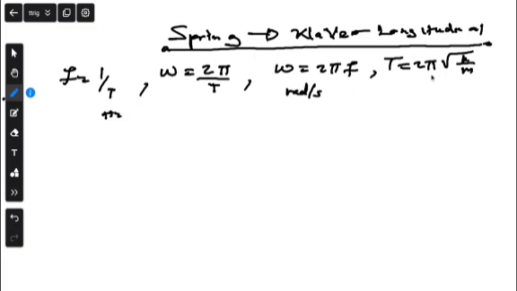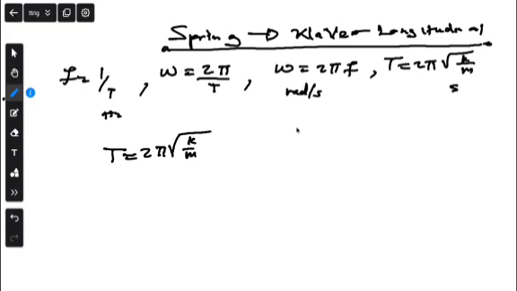What I'm going to do here, we have this period, which is equal to 2 pi root of k divided by m. Just write it like this, divided by m. So what I'm going to do here is this.